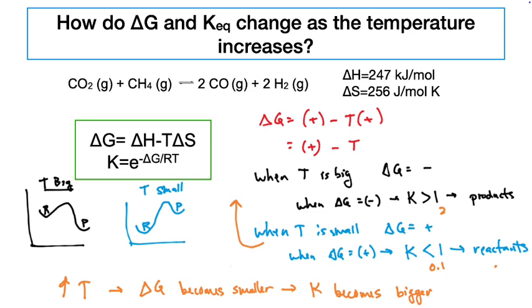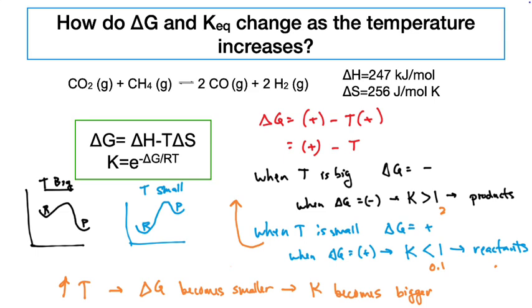Kind of make sense? Now looking at answering the question, as the temperature increases, I'm going from small to large. What happens? The delta G, I'm going from positive to negative, which means what happens to my delta G?